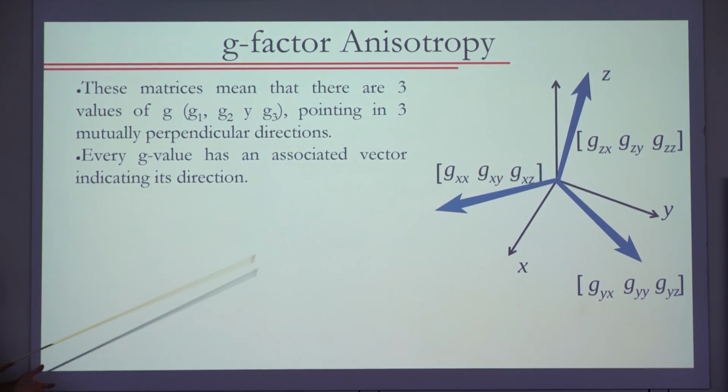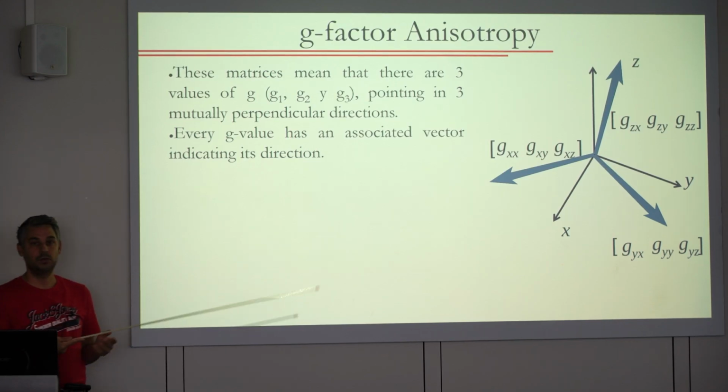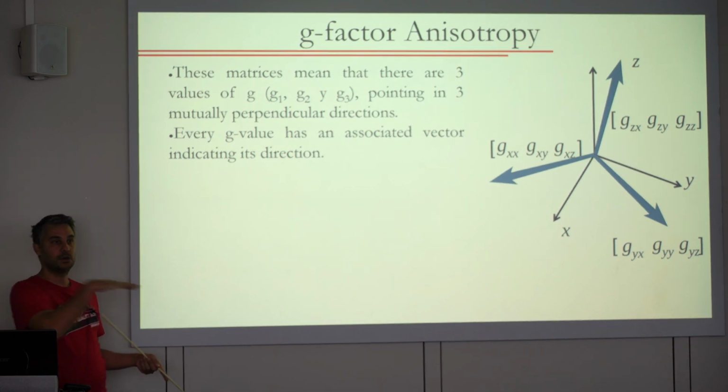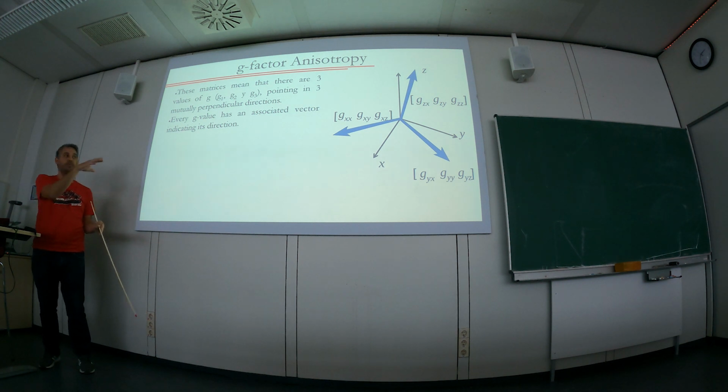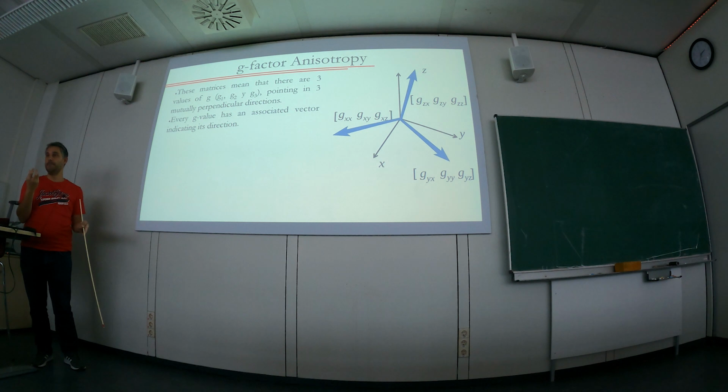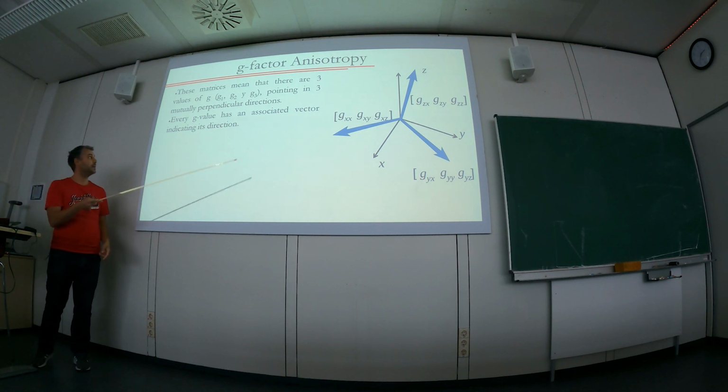This is what you usually get when you measure single crystal EPR. Your experimental coordinate system may not match the coordinate system of the G matrix of the molecule. So you start from that.